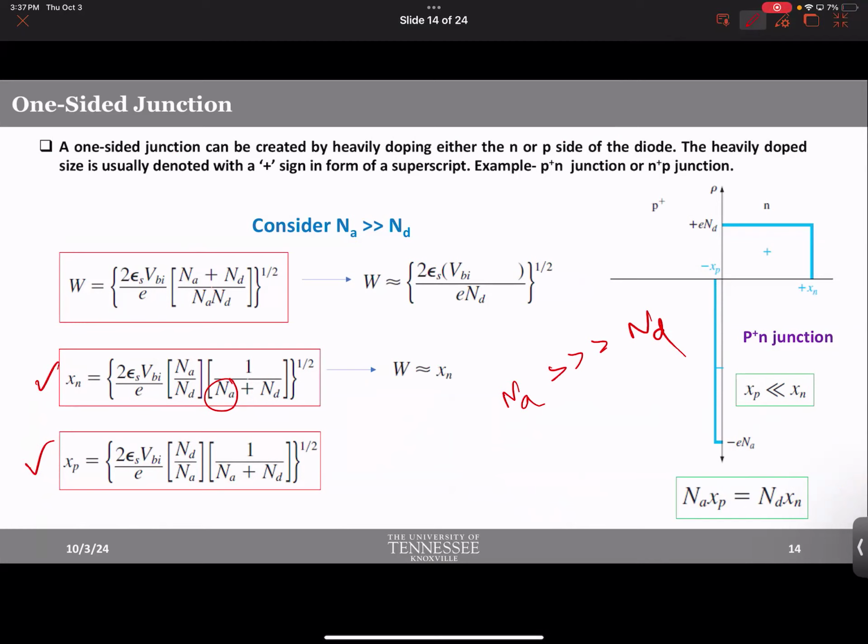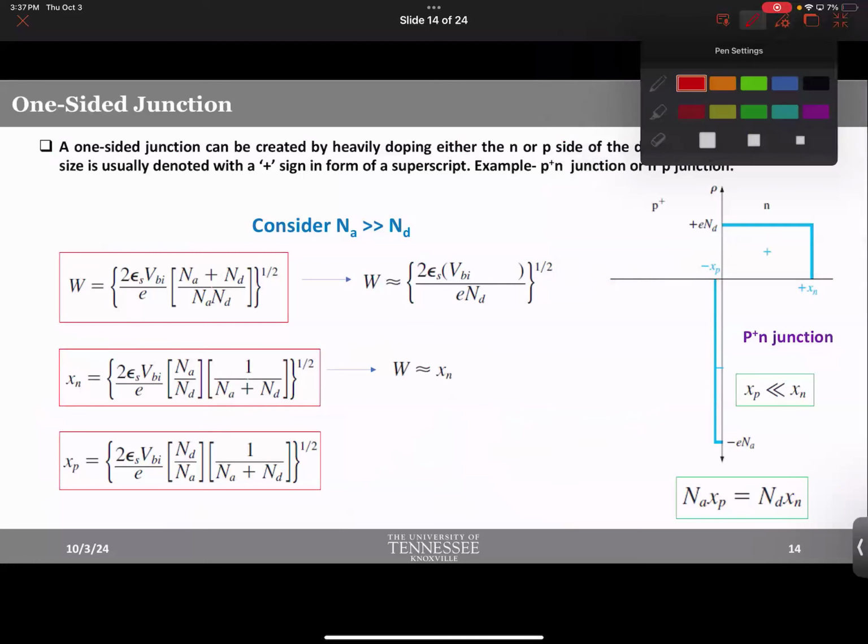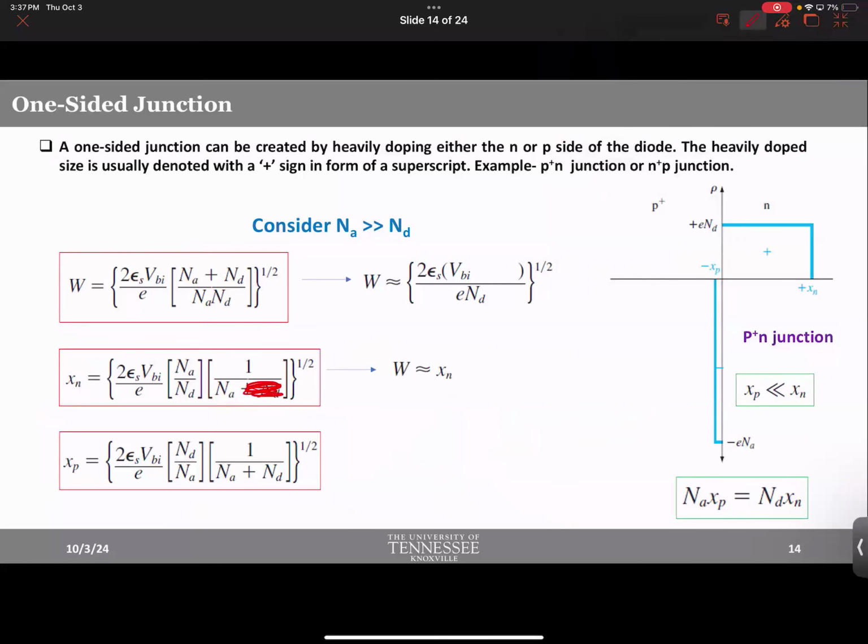Are you all with me so far? So let's do some math. If you have 1000 plus 0.1, can you just consider it to be 1000? I just ignore the other one. Similarly, you could just ignore Nd because it's so small compared to Na, and just keep Na.